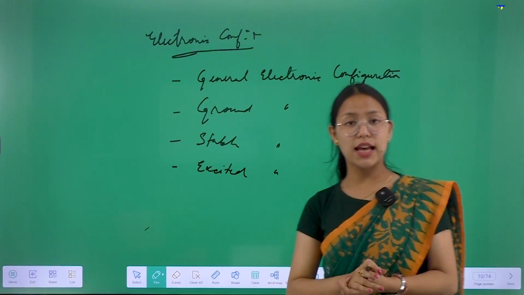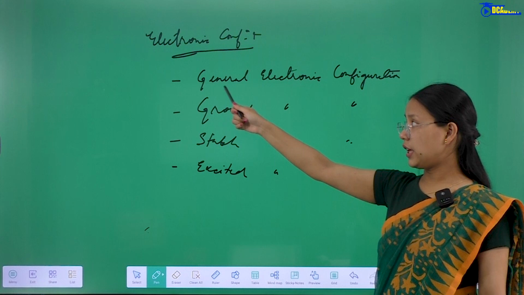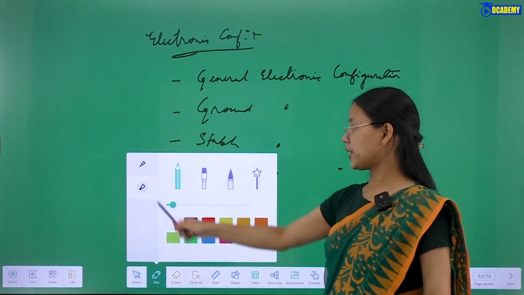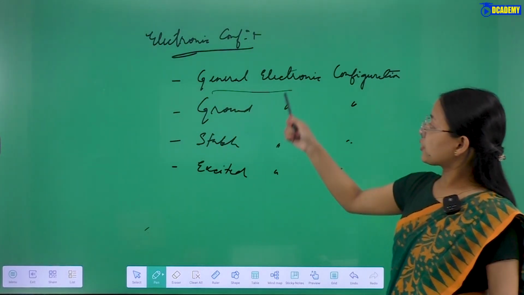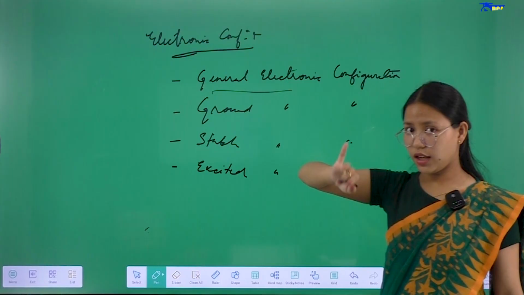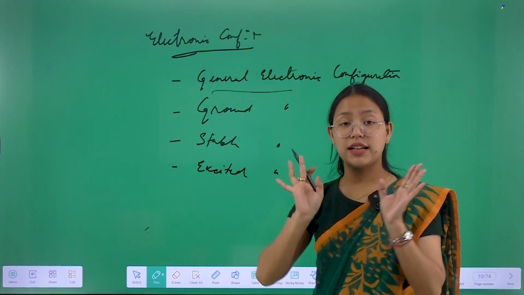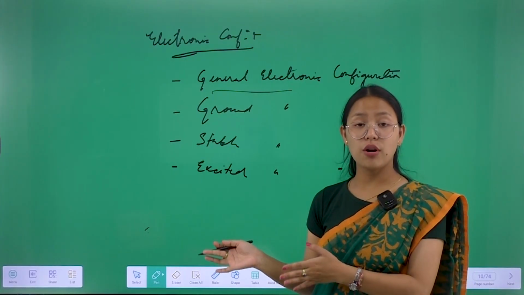First, the general electronic configuration. General electronic configuration, for example, let's say we are studying the unit number 4 of class 12.